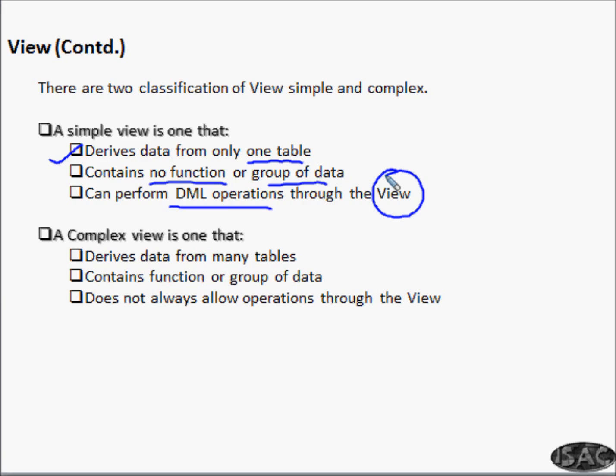But one which is complex, it means we are using more than one table, contains functions or a group by clause, or some pseudo columns, does not allow operations through the view. You can just retrieve the data, you can view the data, but it does not allow some DML operation. Okay, if it is a complex view.